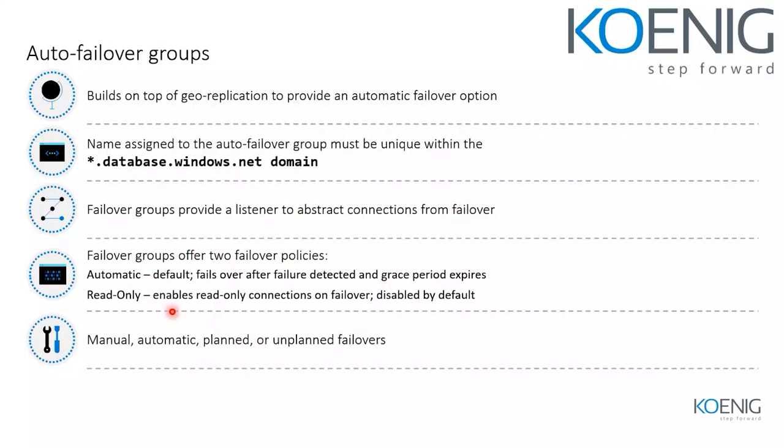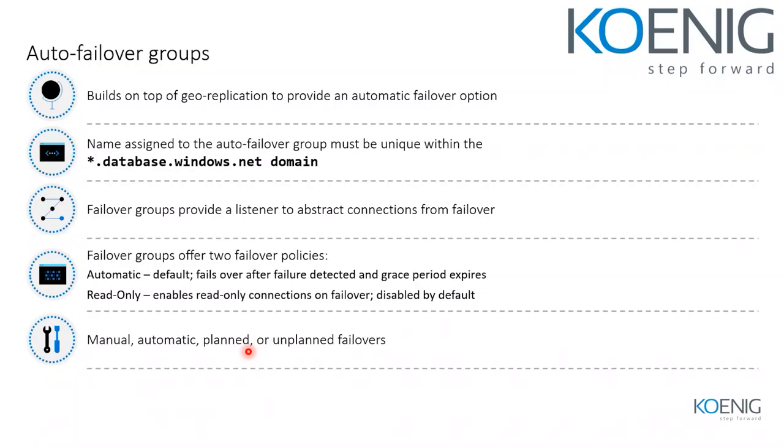This is about manual, automatic, planned or unplanned failovers that we discuss here. With manual failover, we can do a forced failover. Automatic: in case of any disaster or issue at the primary side, it automatically fails over to the secondary. In that case, secondary becomes primary and primary becomes secondary. Planned failover normally happens when we have some maintenance task.